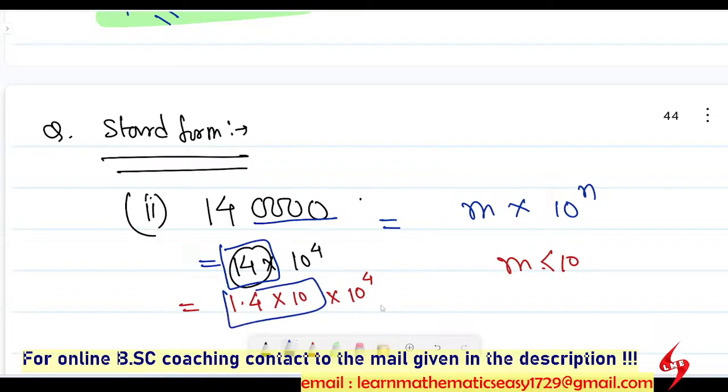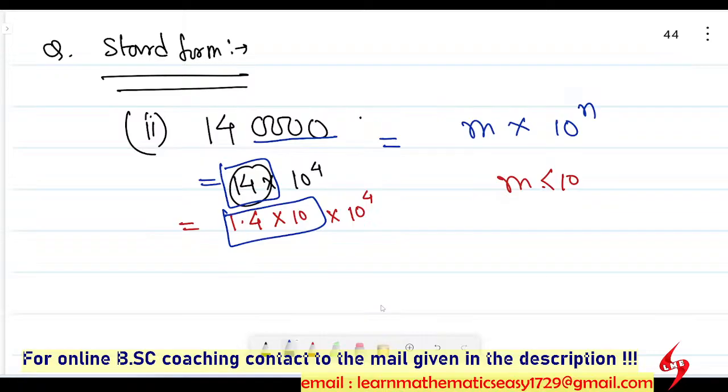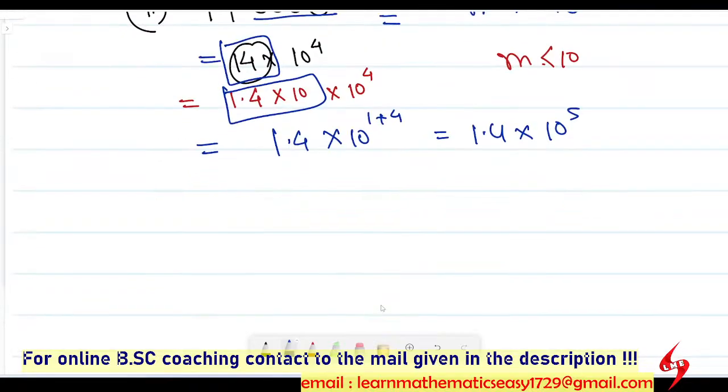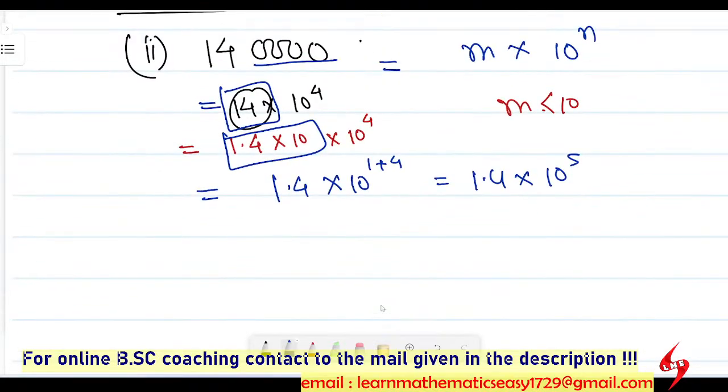Here the bases 10 are the same, so I can write it like this: 10 to the power 1 plus 4, that is 1.4 into 10 to the power 5. If I do this sum directly, always remember the decimal will be put after one digit.